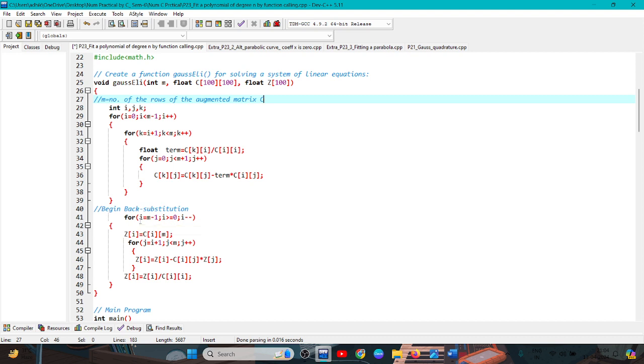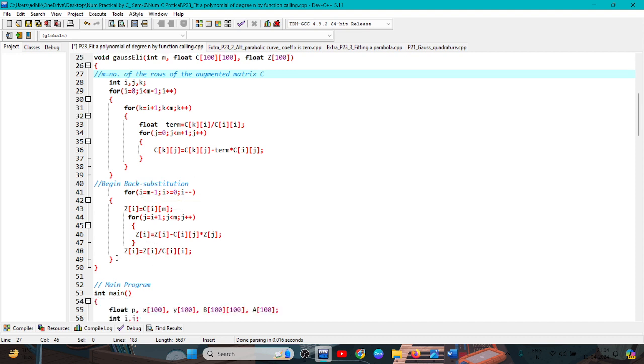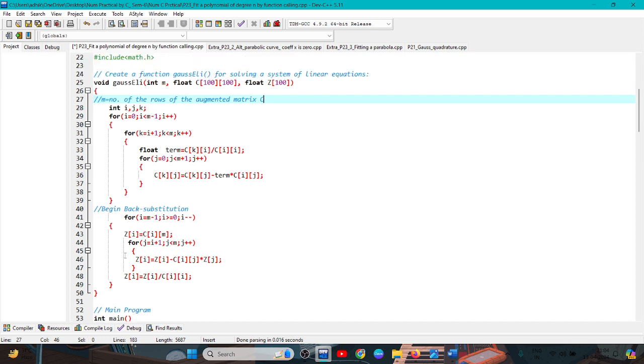Then begin back substitution, and we solve for z. So this is the function for Gauss elimination.